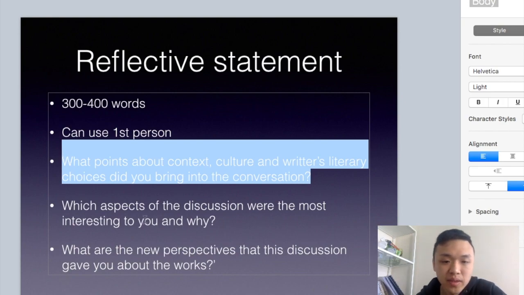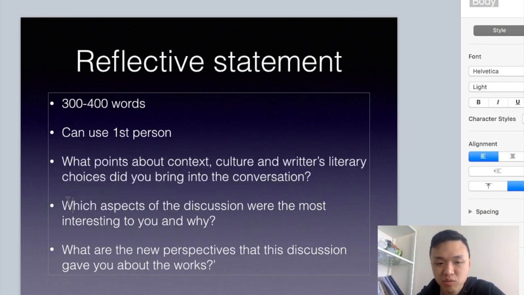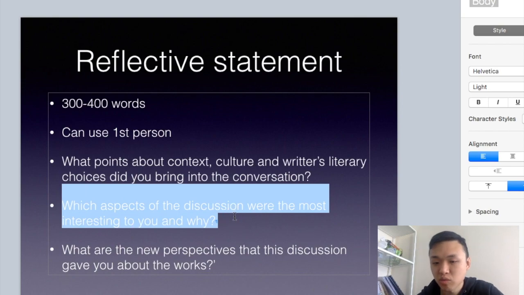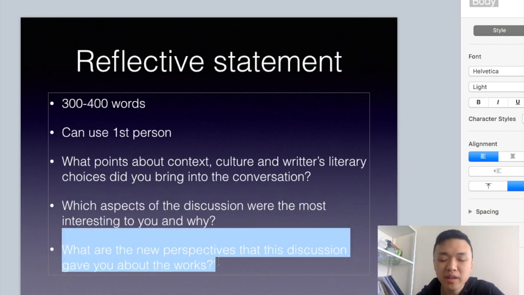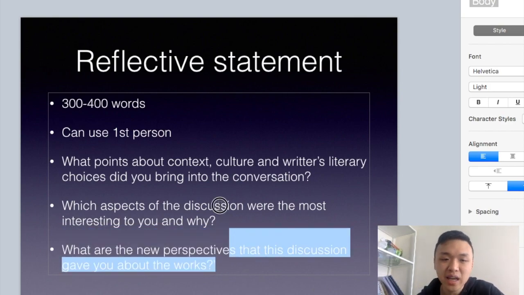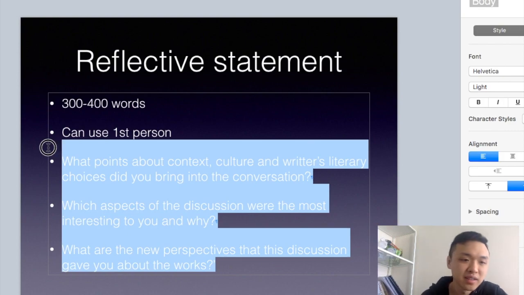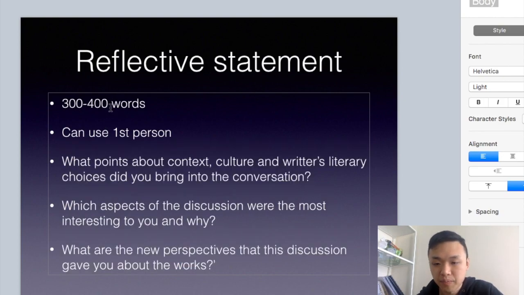Secondly, what aspects of the discussion were you most interested in, right? Third, what new perspectives did you learn from the discussion, right? Basically the entire piece is you need to reflect on the interactive oral, the group discussion, okay? These are the 3 points you need to write about in the 300 to 400 words.